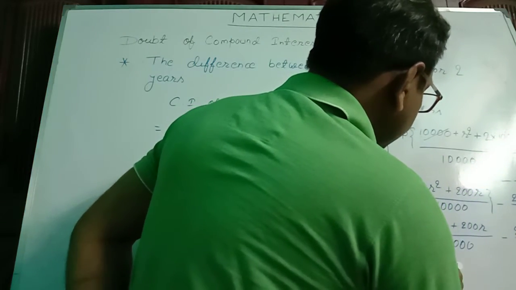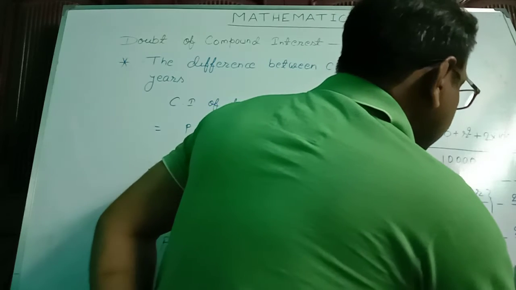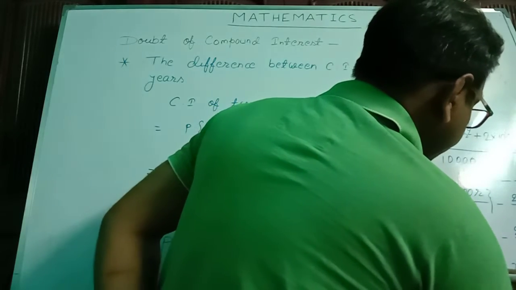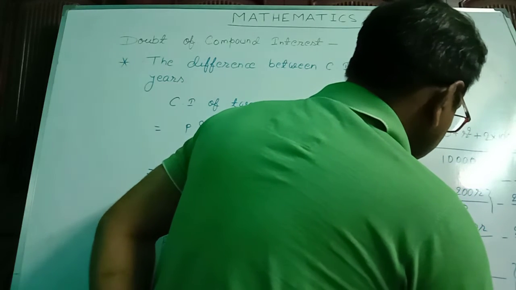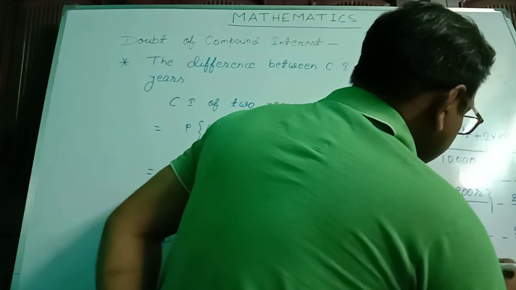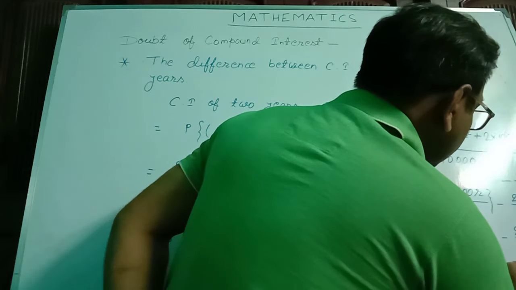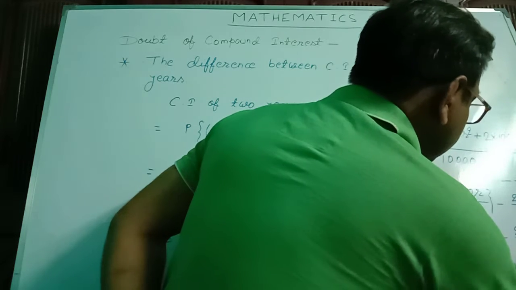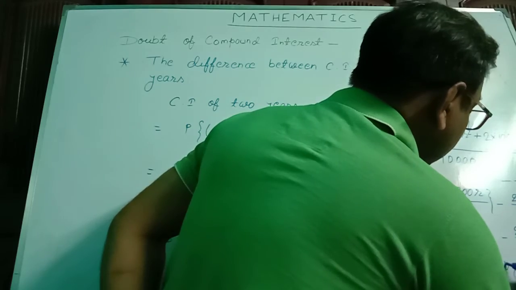That is equal to P, LCM became 10,000, R square plus 200R minus 2R, this two zeros cancel, both 2 zeros are left, so here will come 100.